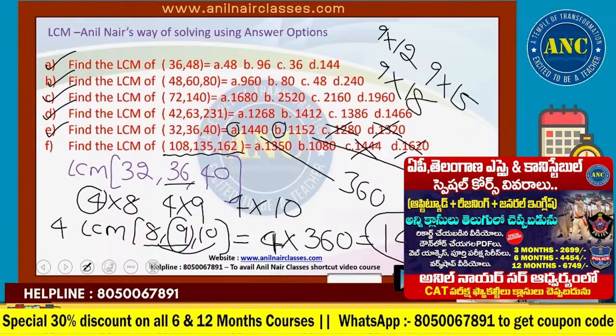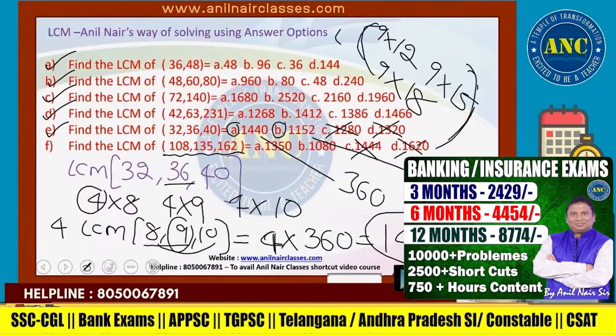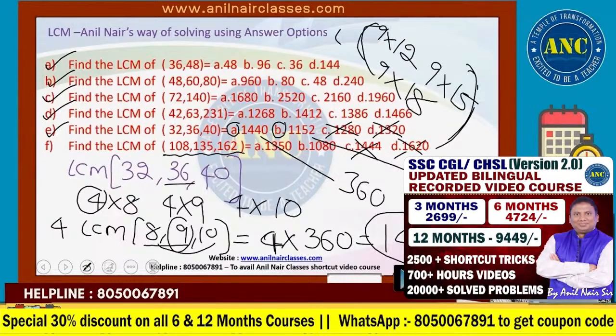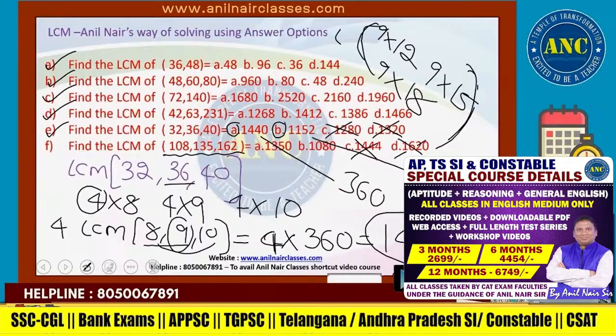Do the generic LCM. All the models with doubts are kept in the problems. 108, 135 and 162. Is it clear?